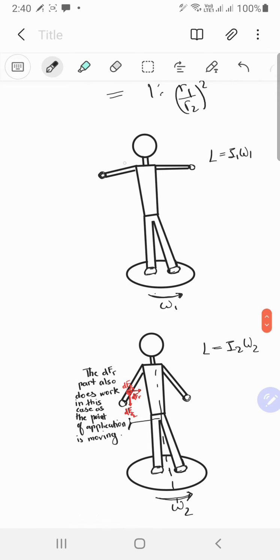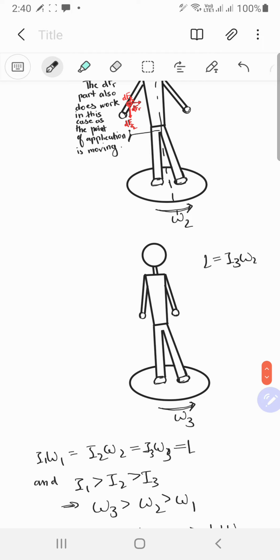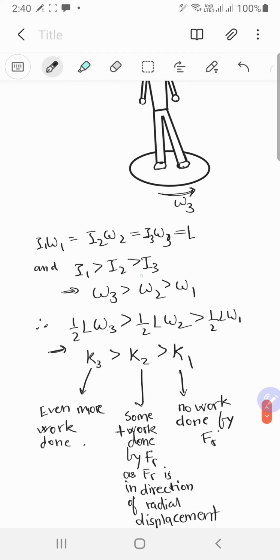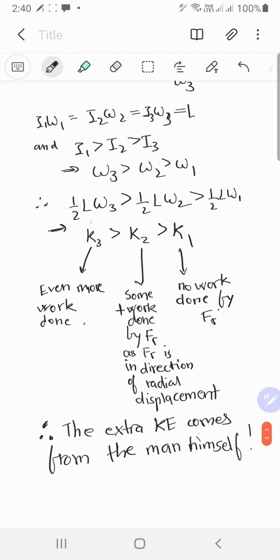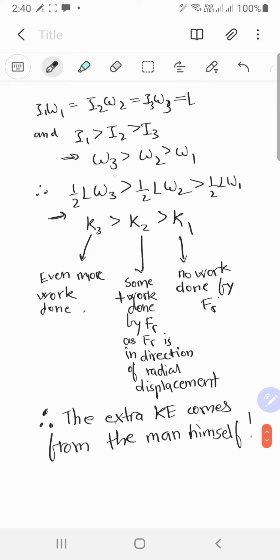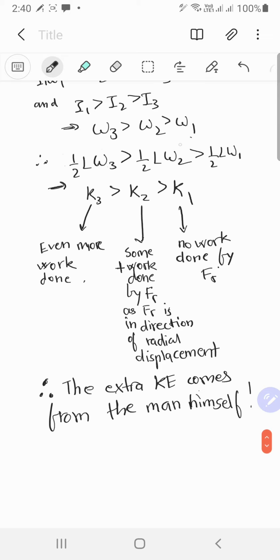So this has the biggest moment of inertia, this has the least. So I1 bigger than I2 bigger than I3, thus omega 3 bigger than omega 2 bigger than omega 1. And L is the same for all three, so we can say this relation is true.